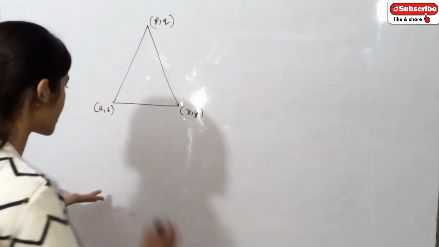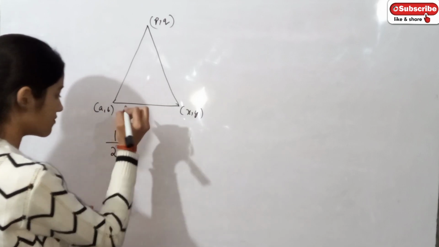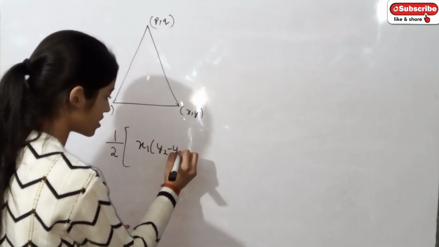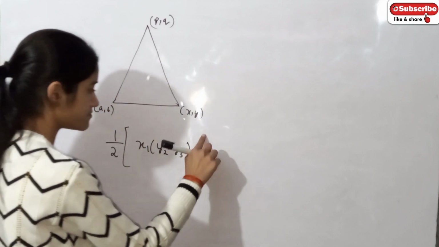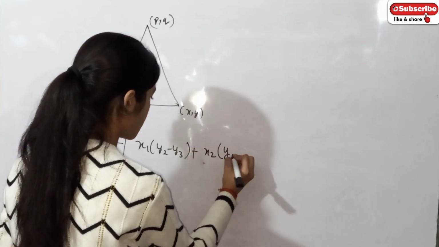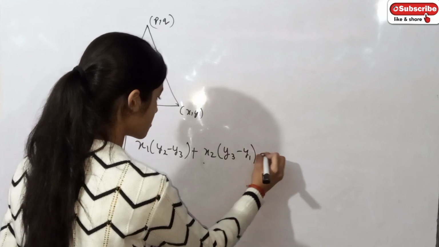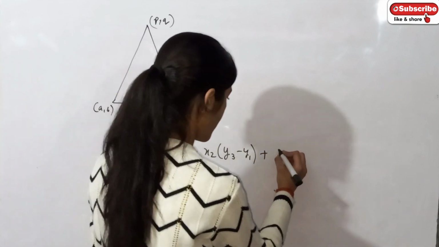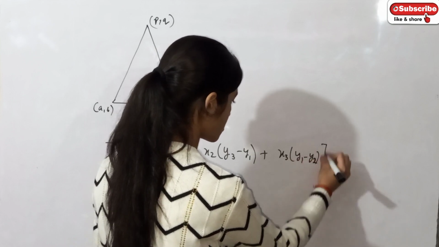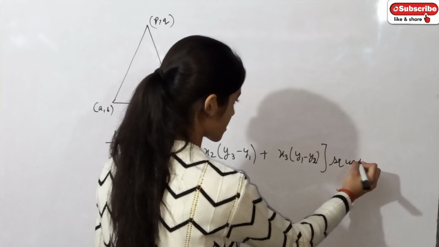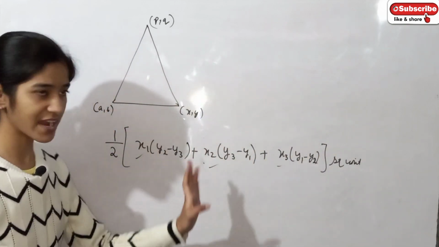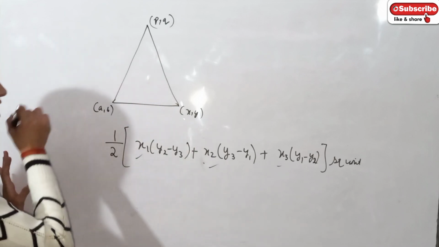Then we can easily find the area of the triangle if we know the formula of the area of a triangle, that is half x1 (y2 minus y3) plus x2 (y3 minus y1) plus x3 (y1 minus y2) square units, and put the values of the coordinates in the form of x1, x2, x3, then we can easily find the area of the triangle in the Cartesian plane.